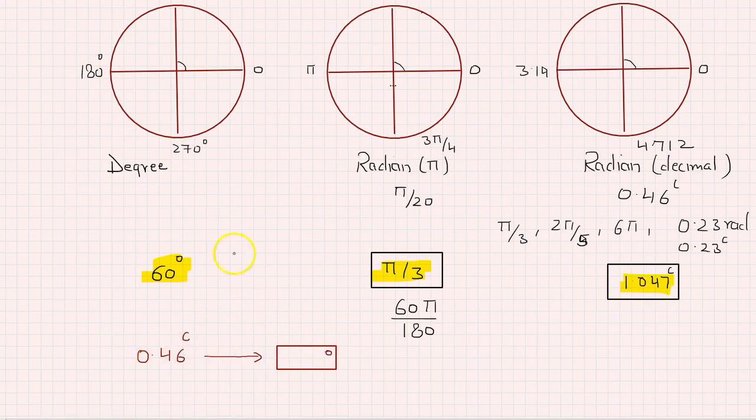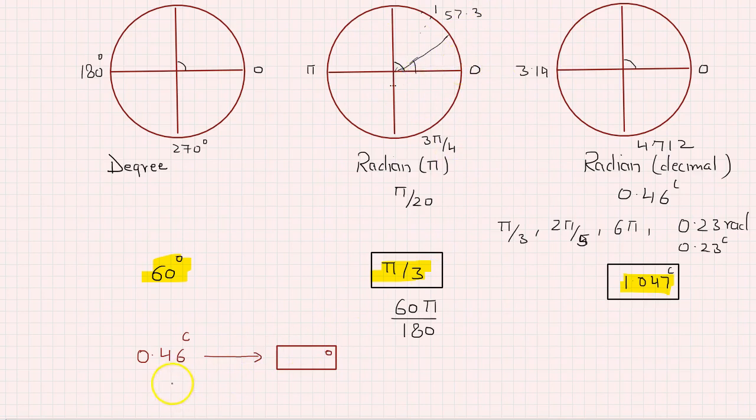Now if we have to convert 0.46 into degree, we know our 1 radian is around 57.3 degrees. So 0.46 is roughly somewhere in between.